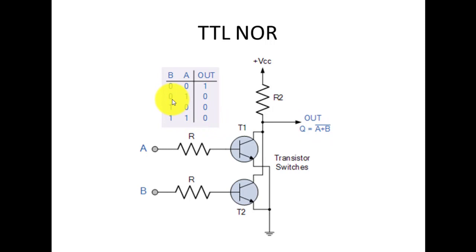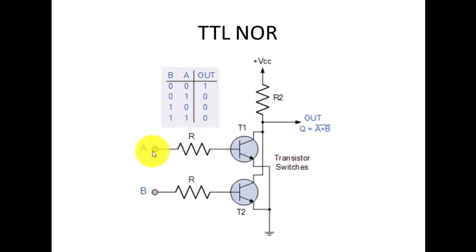And if any one of the transistors, transistor 1 or transistor 2, is on logic high, then the output will be low, because as you know, that is the switching operation of the transistor.